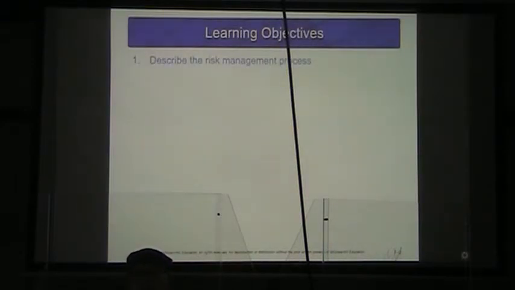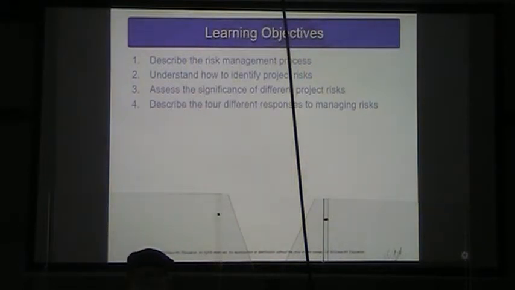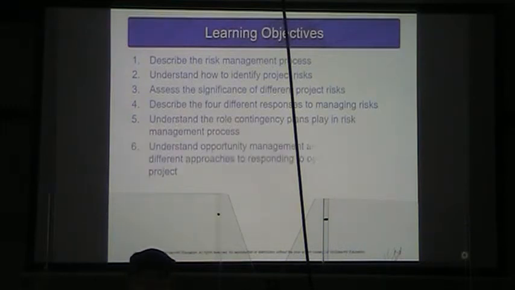All right, so our learning objectives: we want to be able to describe the process, know how to identify our risks, what the significance of the project risks is, how we use our 4 different responses to managing risk, understand what a contingency plan is and how it plays a role in our risk management, understand opportunity management, and describe different approaches to responding to opportunities in a project.